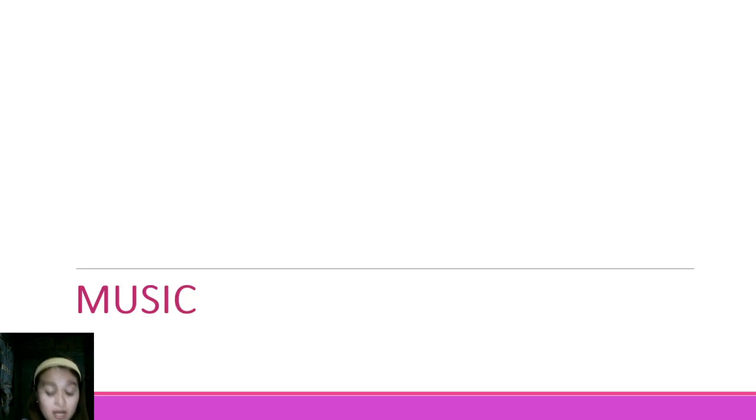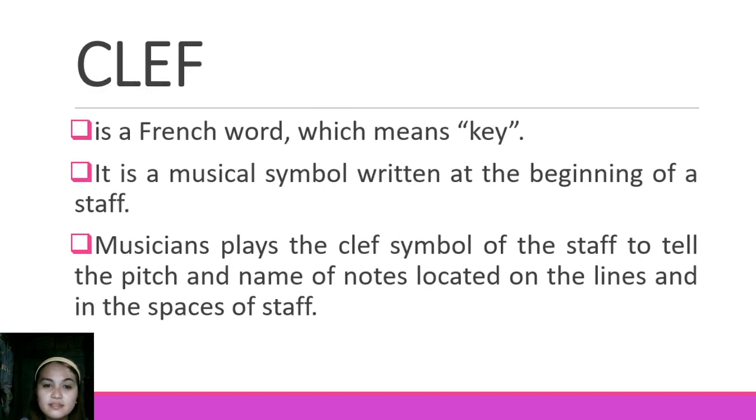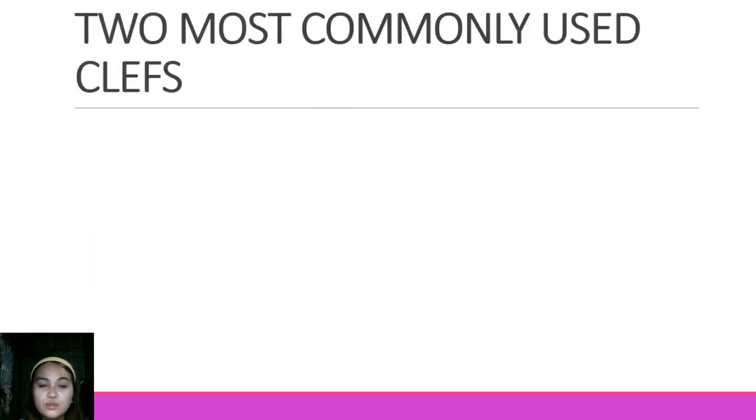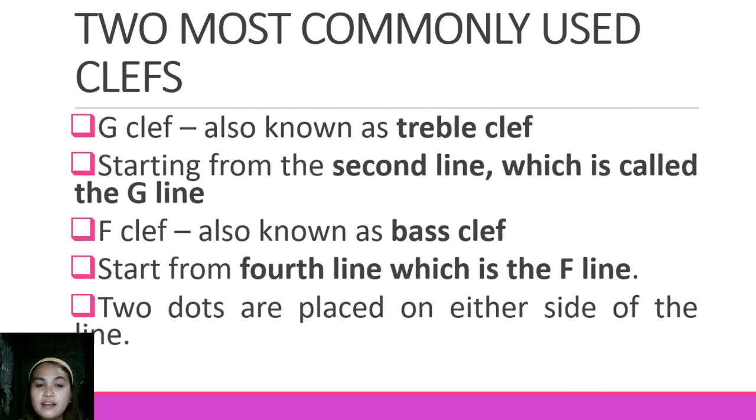And that was the G-clef. We have two clefs to be introduced. The second one is the F-clef. The two most commonly used clefs are the G-clef and the F-clef. Earlier was the G-clef, also known as the treble clef, starting from the second line, which is called the G line.